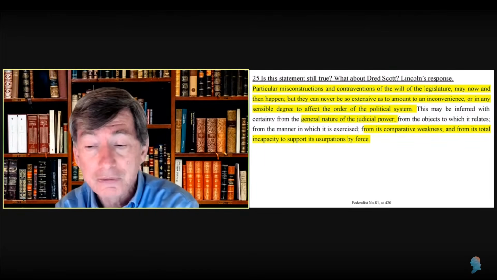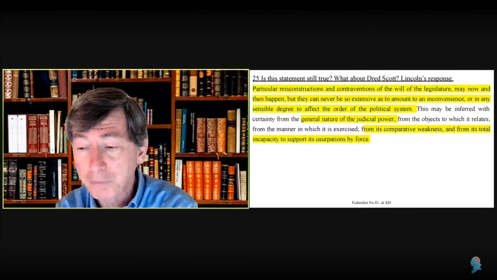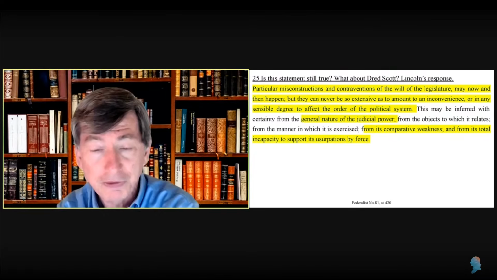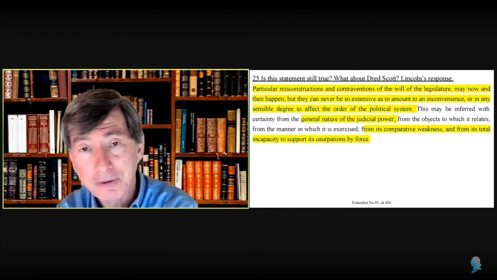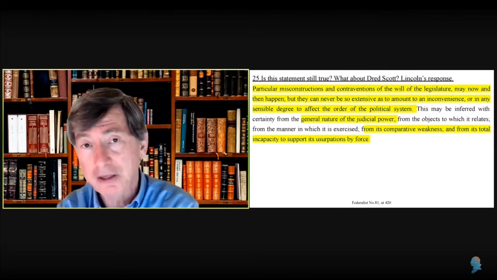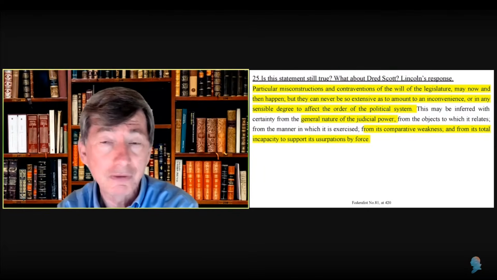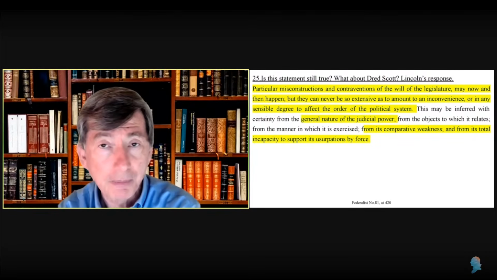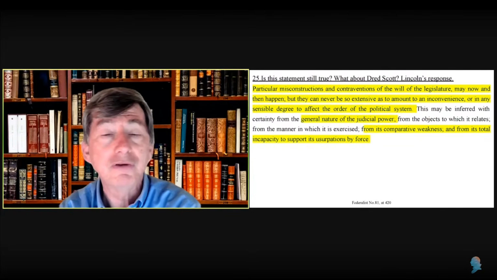Why is he saying this? He says from the comparative weakness and from the incapacity to support the usurpations by force. Remember, at the time of the convention, even the southern states, if you read Madison's notes, thought that slavery was going to die out after about 20 years, that they were given supposedly to make a transition.